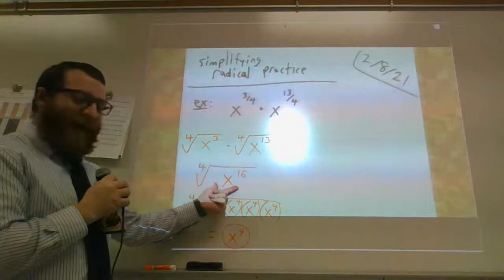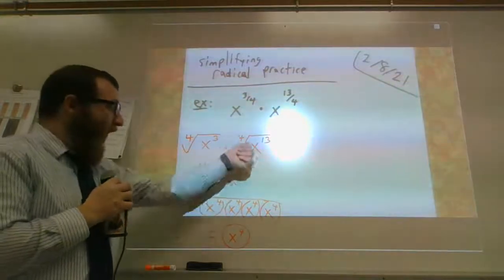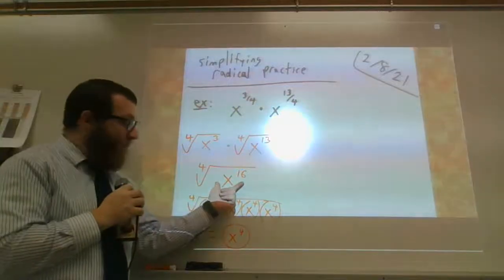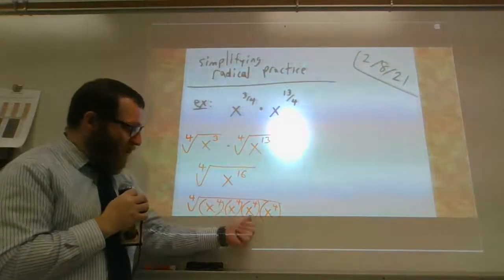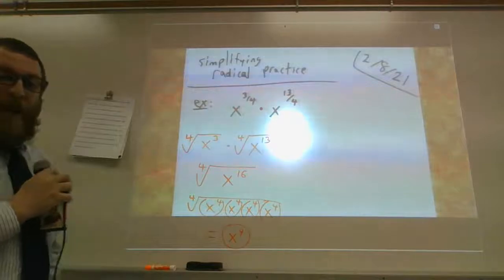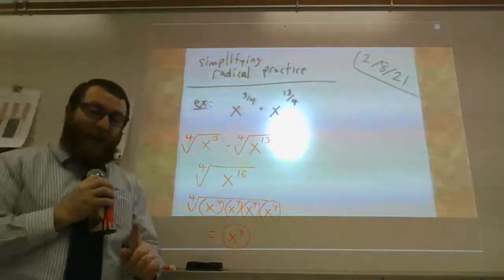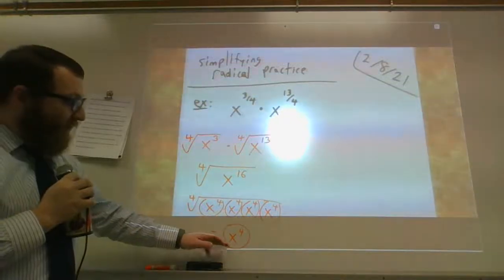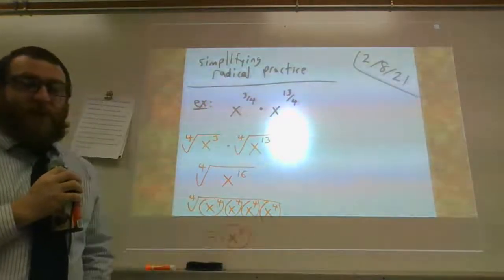Bring them together to be x to the 16th because you add the exponents together. You could break that x to the 16th up, x to the 4th, x to the 4th, x to the 4th, x to the 4th. And because they have the proper exponent, they are allowed to escape that fourth root. X times x times x times x would give you your final answer.